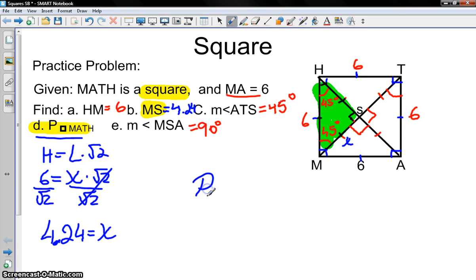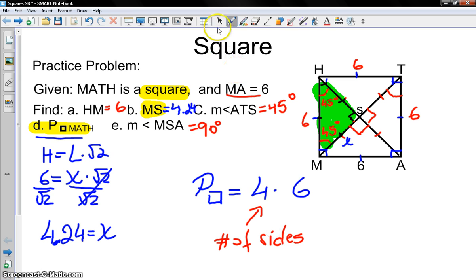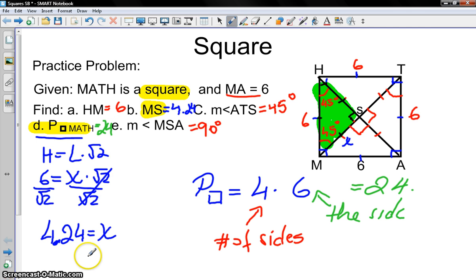So the perimeter of my square is going to be 4 times 6. 4 represents the number of sides, and 6 represents the side. So what's my perimeter? You guessed it, 24. And right here, 24, and we're done with this problem.